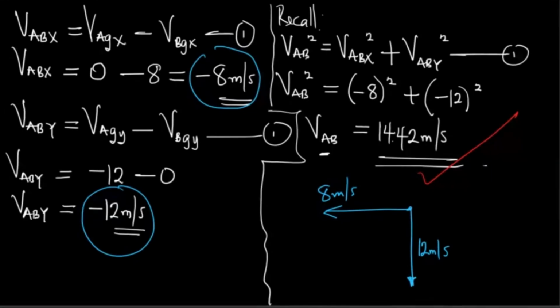This is velocity of A relative to B on the y-axis, velocity of A relative to B on the x-axis. You see, now the resultant velocity is what we calculated to be what? 14.42.